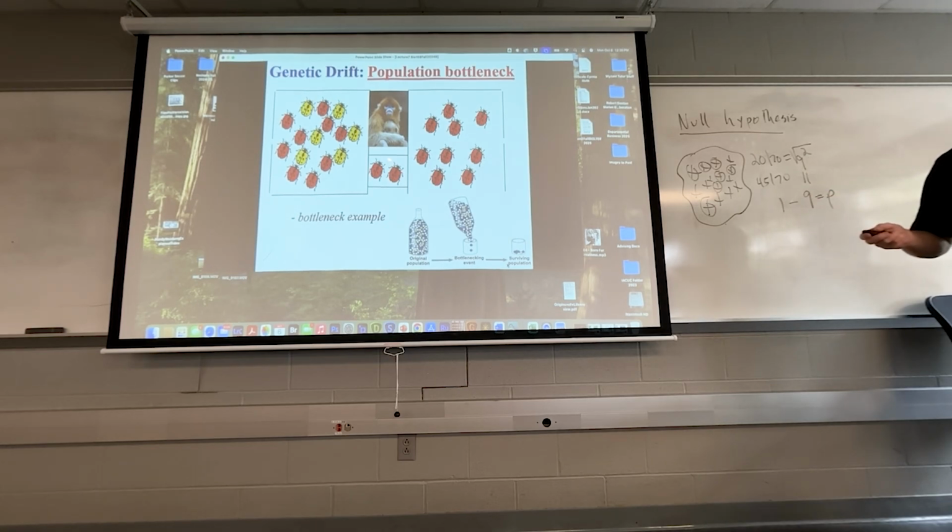The leftover population obviously doesn't have all the genetics that the original population has. In this example, notice we lost all the yellow beetles, for whatever reason, a rock fell down and crushed all the yellow ones. I don't know. So you only get the red ones, and that's all you see after that in the population.